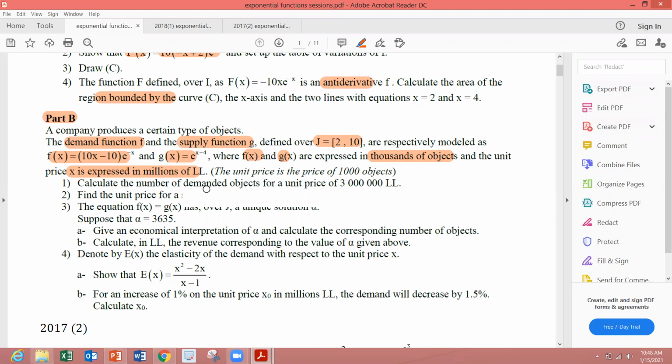Part 1, calculate the number of demand objects for a unit price of 3 million Lebanese lira. How to calculate the demand if the price equals 3 millions? Which one is the demand?